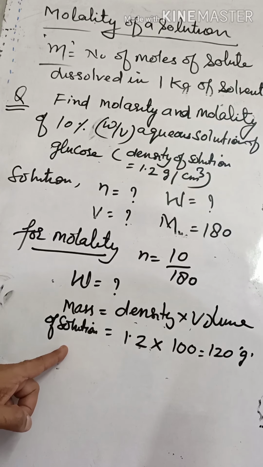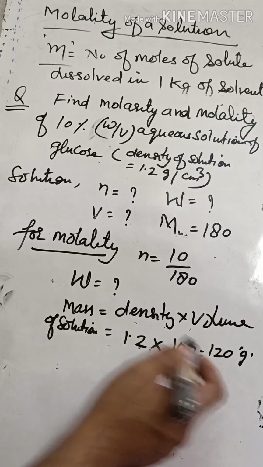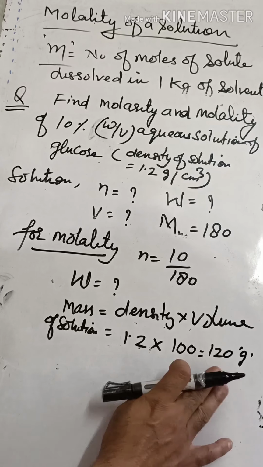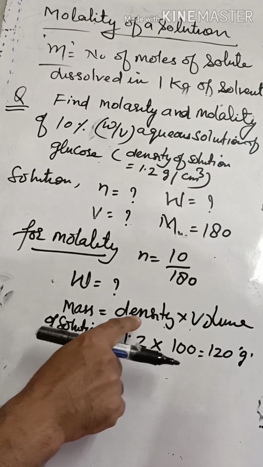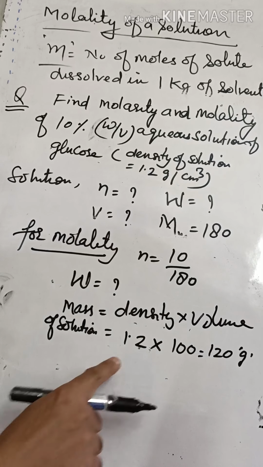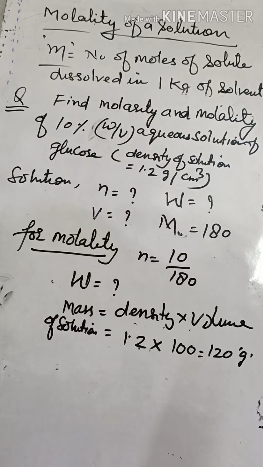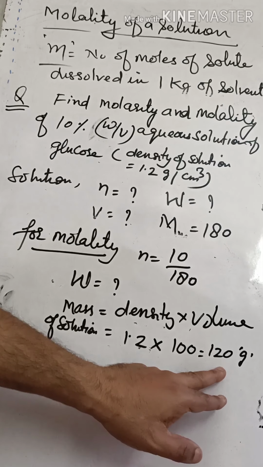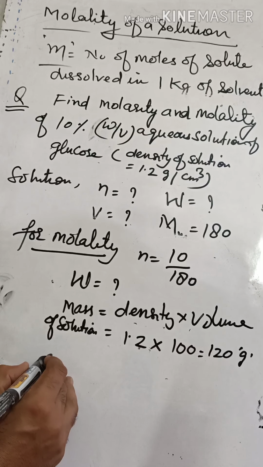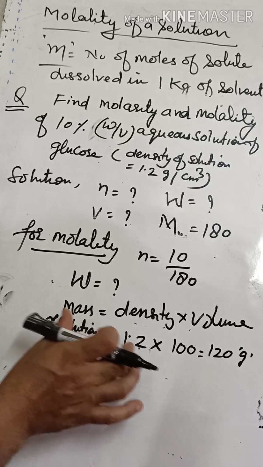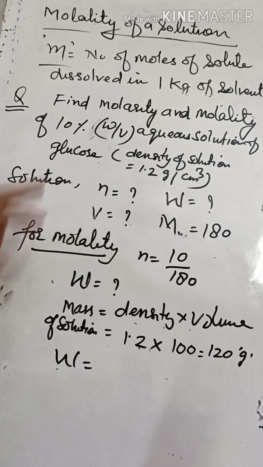So we will find out mass of solution. Mass is equal to density into volume. Density given 1.2 gram per centimeter cube or per ml. So mass of solution is 120 gram. So mass of solvent, capital W, is equal to mass of solution minus mass of solute.